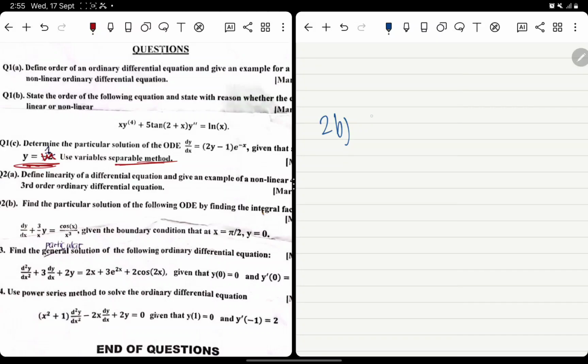Here's what they say. Express this, whatever you're going to get, in the form dy/dx plus py is equal to q. Are you seeing this? Make sure it is in this form.